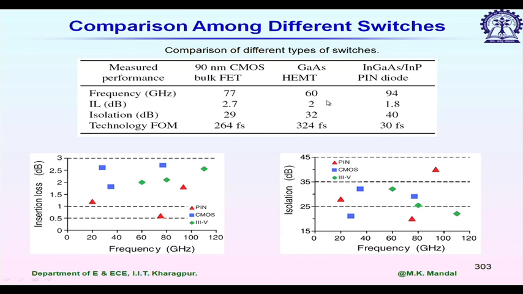For gallium arsenide HEMT at 60 gigahertz, we see figure of merit is 324 femtosecond, but for PIN diode it is just 30 femtosecond. So, PIN diode among these three is the better performer.